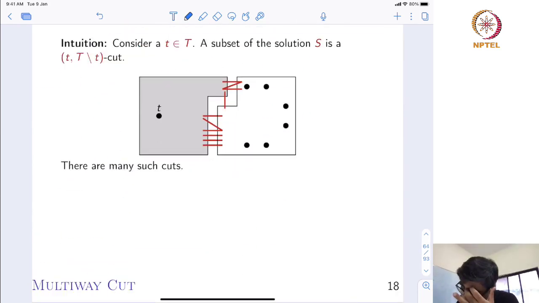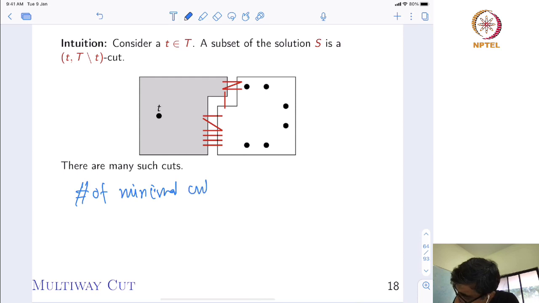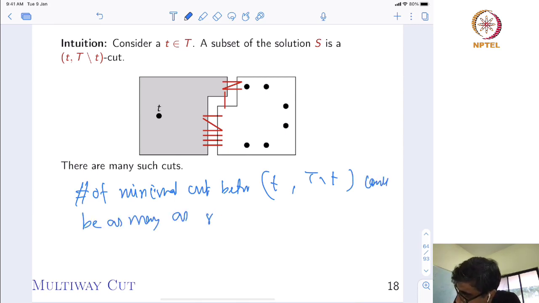A subset of the solution S is a T minus T cut. But there are many such cuts. If you just wanted to disconnect, we know that the number of min cuts or minimal cuts between T and T minus T could be as many as n to the power big O of k.